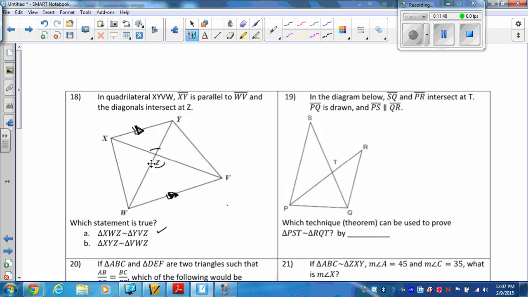XYZ is congruent to VWZ. So what they're saying in the second statement is that this angle is congruent to this angle.